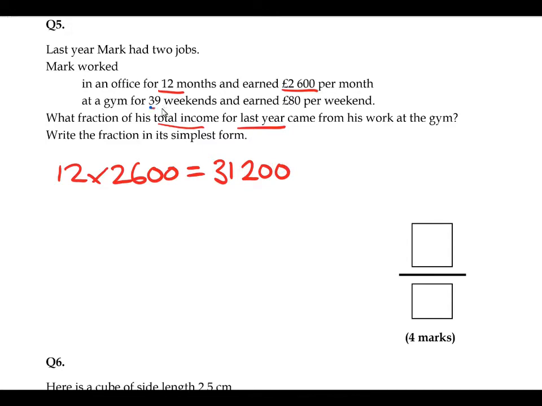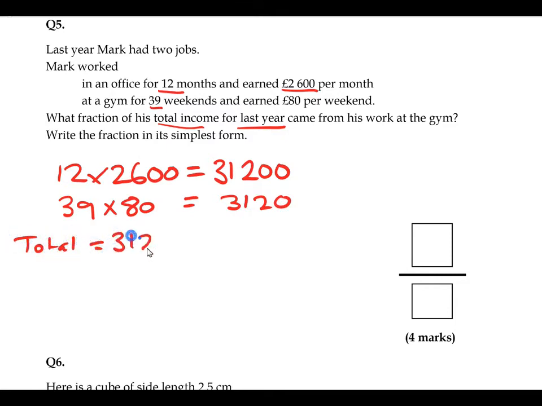Do the same for the gym work, so it's 39 weekends at £80 for each weekend, and that is 3,120. So the total for the year is 31,200 plus the 3,120.